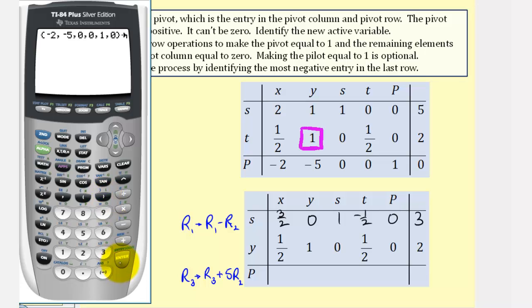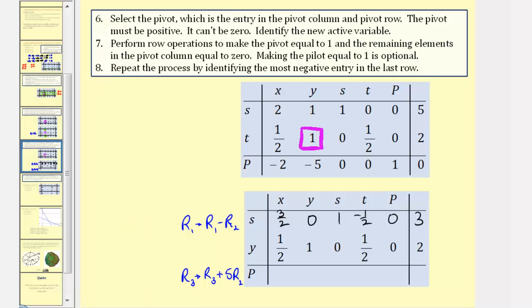Press enter. Now it's giving us the decimal form. We want the fraction form, so we'll press math, enter, enter. So we have 1/2, 0, 0, 5 halves, 1/10. We could have just easily done that by hand, but when there are a lot of fractions involved, using the calculator is a nice way not to make a mistake.